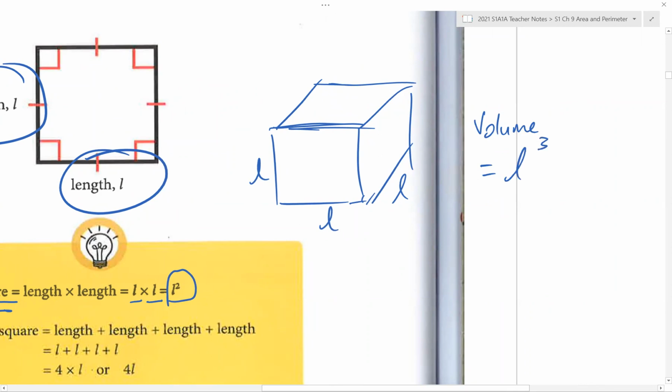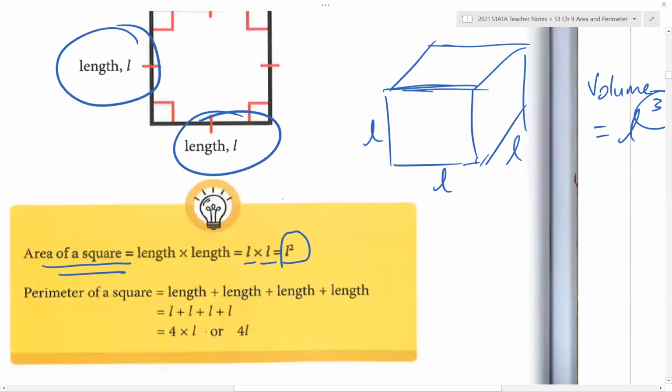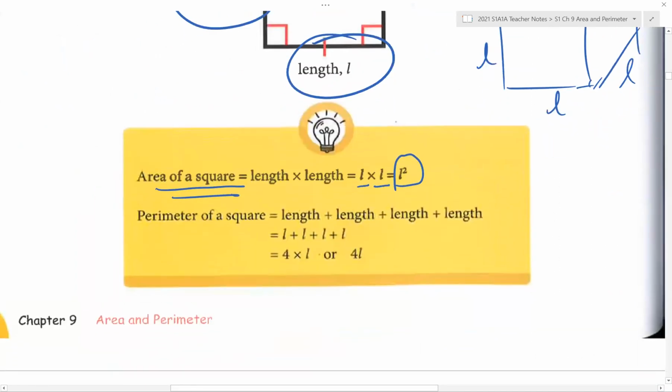L cube, yeah. Length times breadth times height, right? L cube. Now, do you know why we call this power 3? Instead of saying L to the power 3, do you know why we call it L cube? Because it's a cube, yeah. The volume of this is L cube. So we use that.